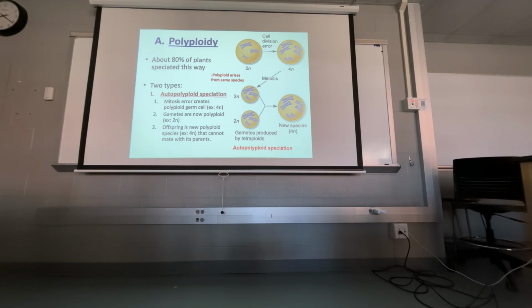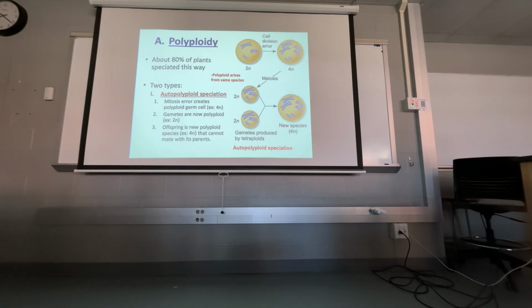And you can imagine if there's a mitotic error in the germ cell that doubles the chromosome number so that you go from 2N to 4N, this germ cell in an animal will die, right, if that were to happen. But in the plant, the germ cells don't really care how many chromosome pairs they have. So this germ cell now undergoes meiosis and becomes a 2N gamete, where it should typically be an N gamete, right? That 2N gamete meets another 2N gamete to form a new tetraploid, all right, 4 sets of chromosomes.